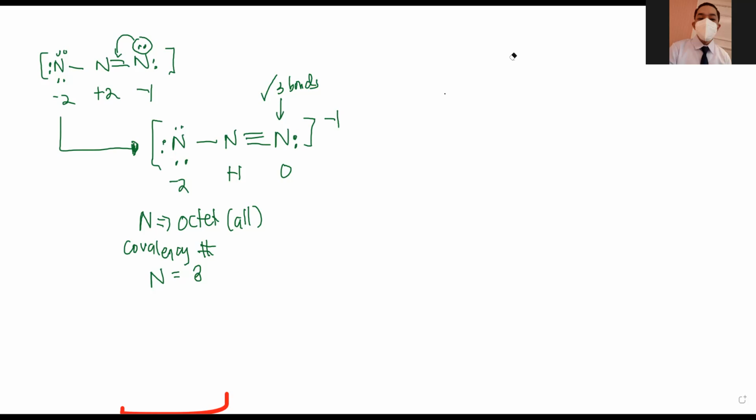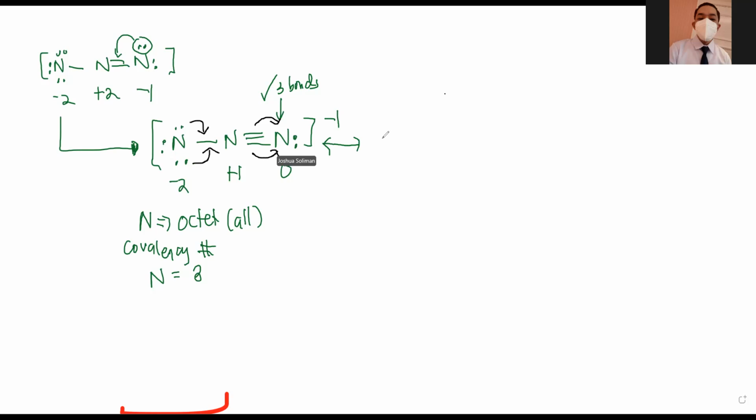Do we have 5 bonds? Not yet. The other bond will be given up on the other side, so give the lone pair to the other side. Technically, I can still add another one and this one will go here, but it's symmetrical, so it doesn't matter.